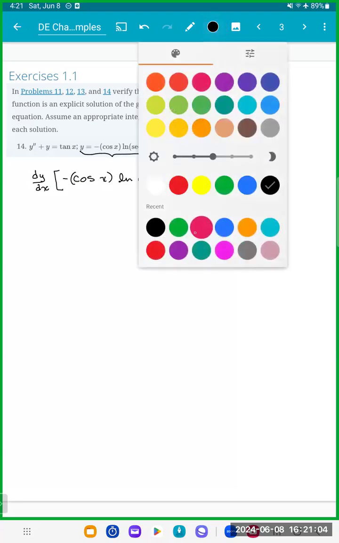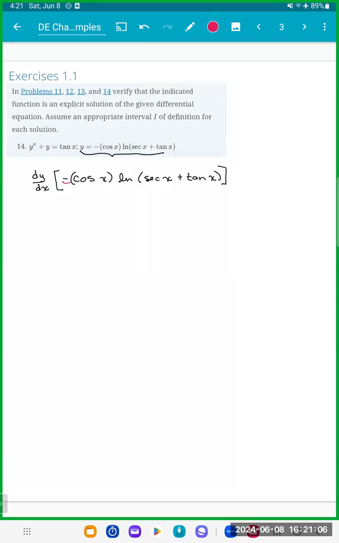And so remember, we can pull this negative here to the outside just to help make things a little bit easier for us as we do these derivatives. Just another reminder, when we want to take the derivative of the product of two functions, that is just f prime g plus g prime f.